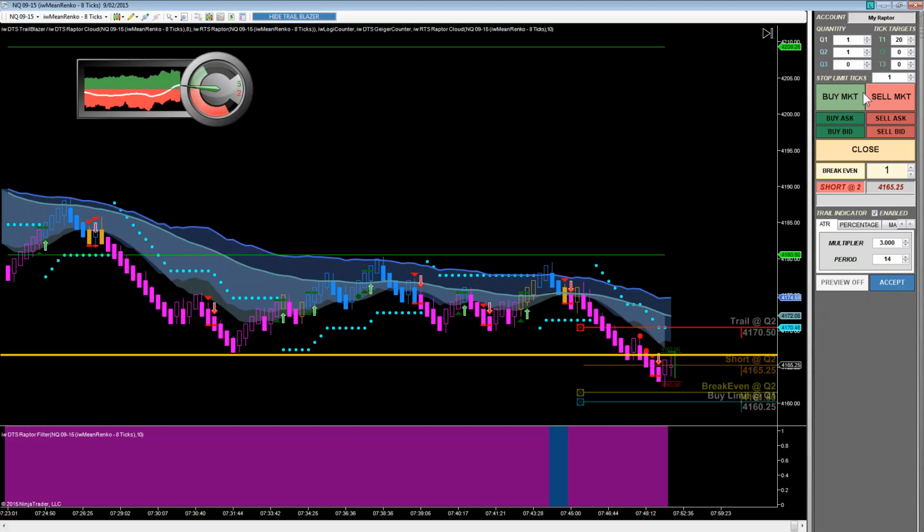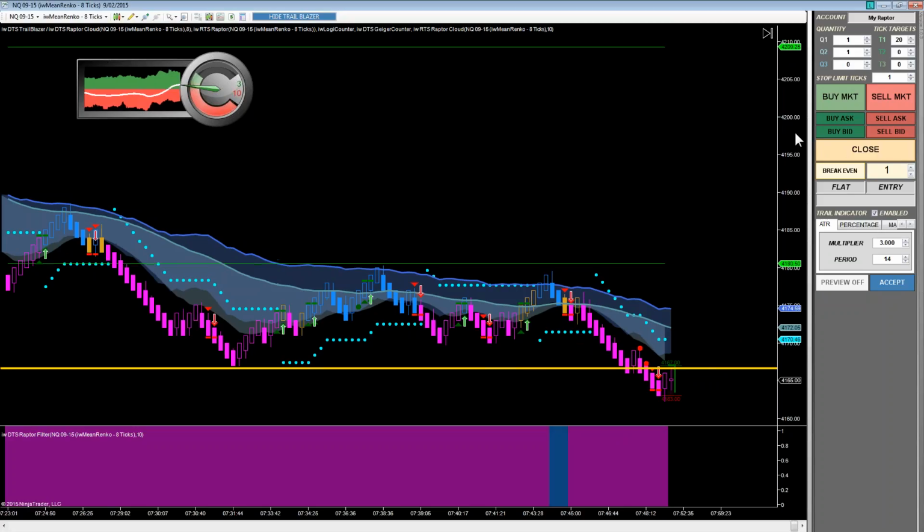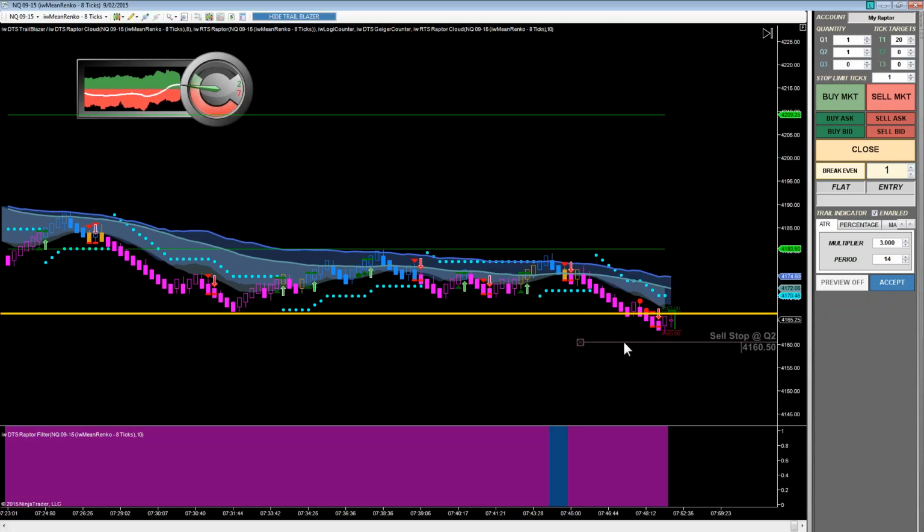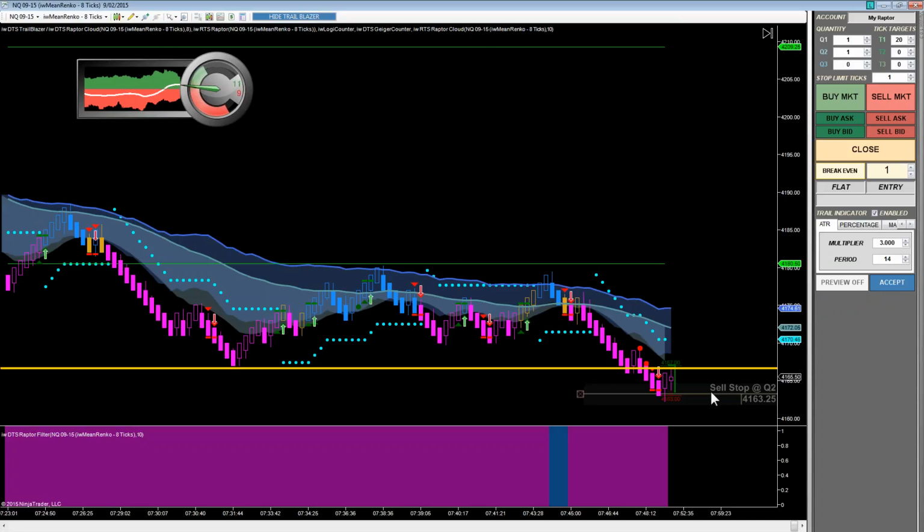All I have to do is click. Now you can also enter the trade manually by right-clicking, and you'll see the same thing once the order engages.